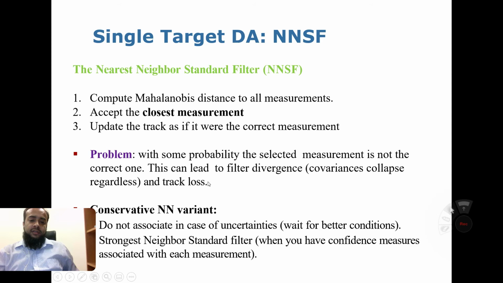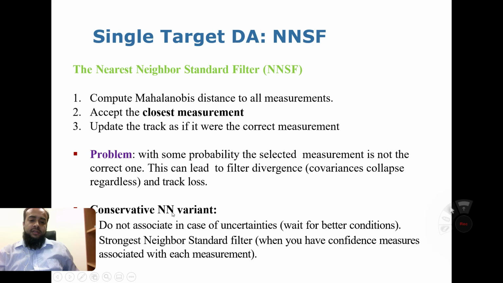Although the validation gate is developed using the Mahalanobis distance and the measurements close to the prediction are selected, we have a very low probability for the selected measurement, so we can have these types of problems.